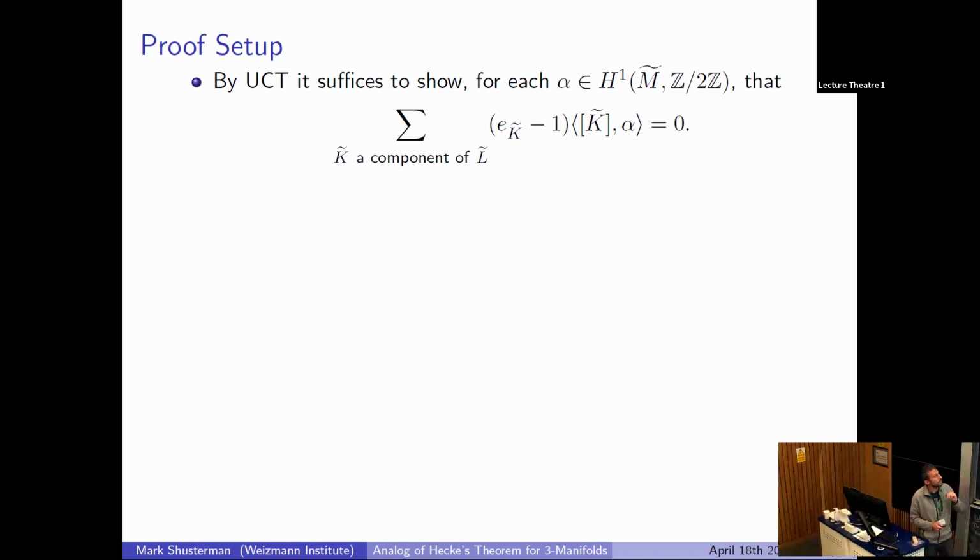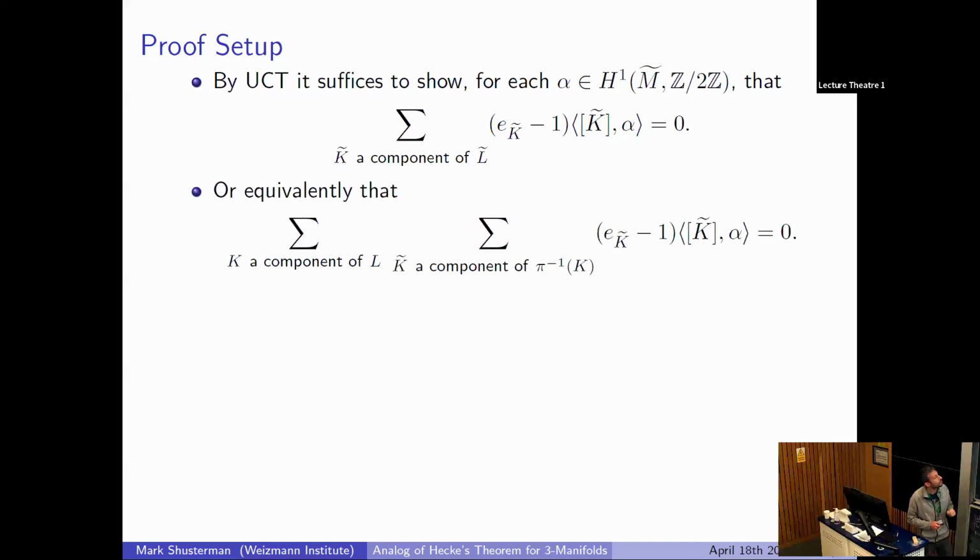The characters of the first homology group we can think about as just cohomology classes. That's just a different way to write the same thing. We just range over all the primes or over all the knots.